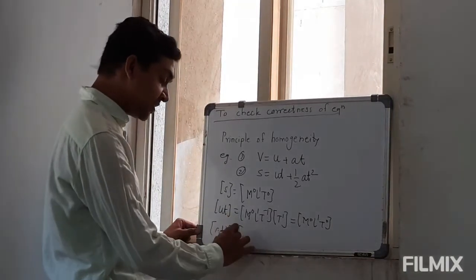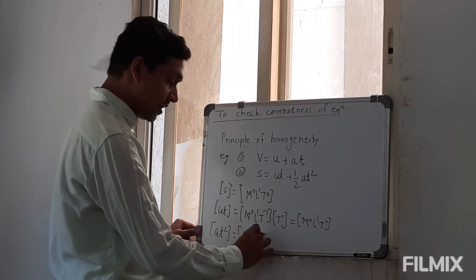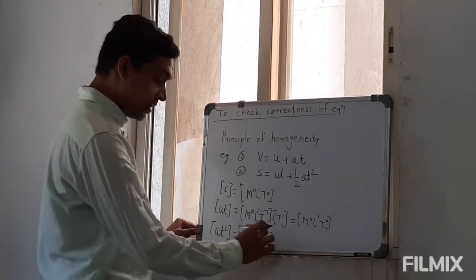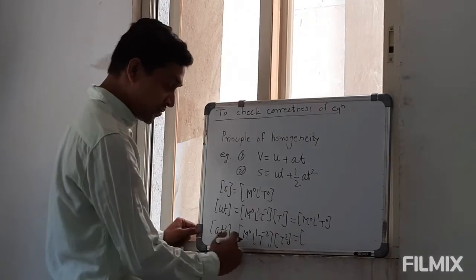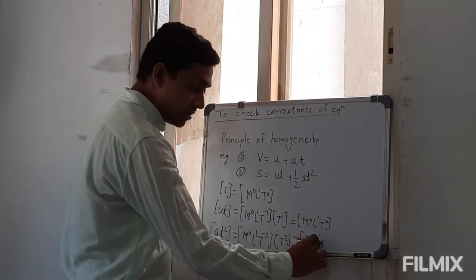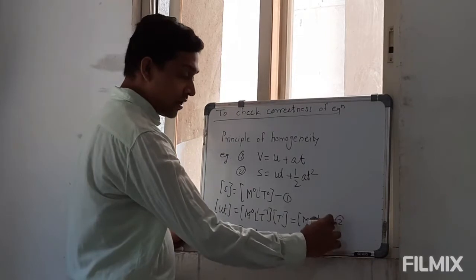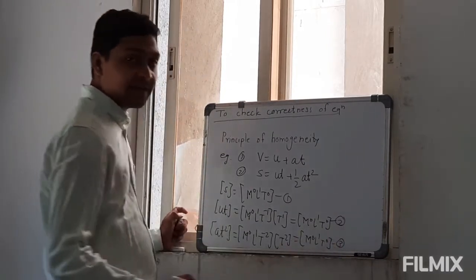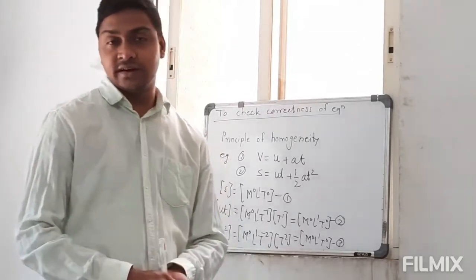A is acceleration, so the dimensions for acceleration are M0, L1, T minus 2, into T square, which is T2. If you solve this, we again get M0, L1, T0. So here also 1, 2 and 3 all have the same dimensions. So this equation is also dimensionally correct.